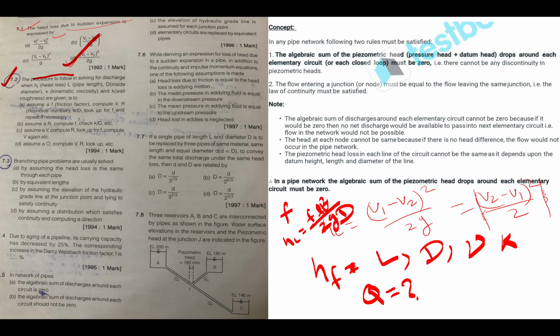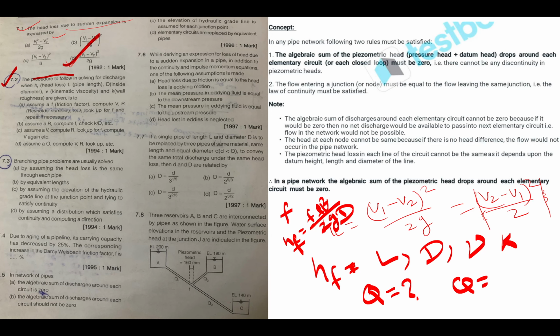You will calculate these things using HL, and from here your HF is given already. So from here you can calculate Q, using this equation.